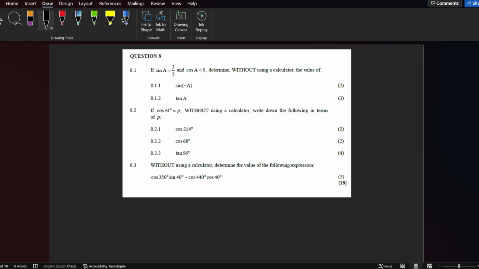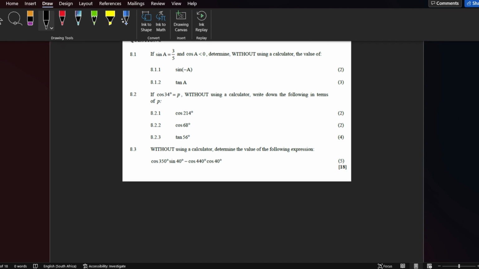So the first one is quite straightforward because it's given to us in terms of sine, which is something we are already given in the question. So we need to determine this expression in terms of sine with a positive angle. So we can go ahead and use our Cartesian plane rule. Sine negative alpha is in the fourth quadrant. Sine is negative in the fourth quadrant.